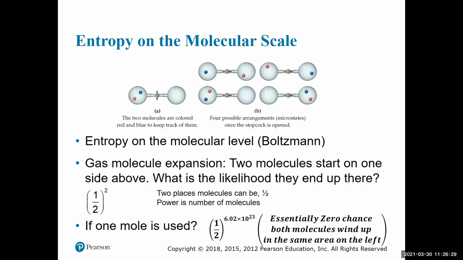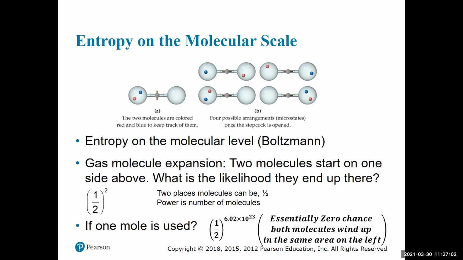But now that exponent, instead of being 2, is 6.02 times 10 to the 23rd. Wow. I didn't bother doing that on my calculator because I don't think I really need to. Because essentially what it's saying is it's 0. So the odds of it winding up with both of them on the one side is essentially 0, just when we're talking about 1 mole of something. 1 mole isn't very much.